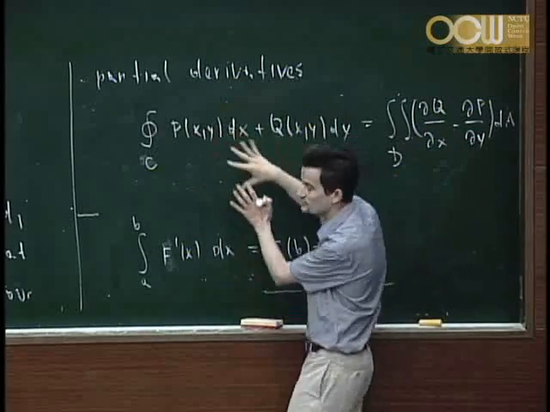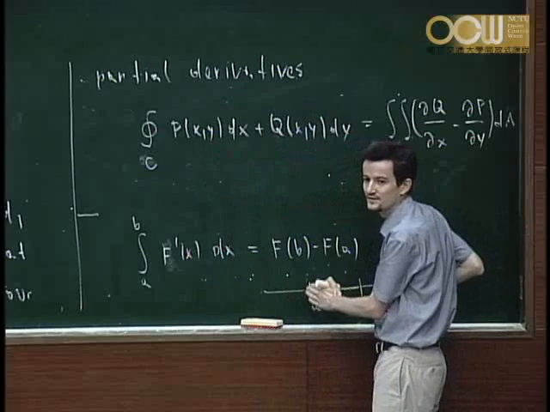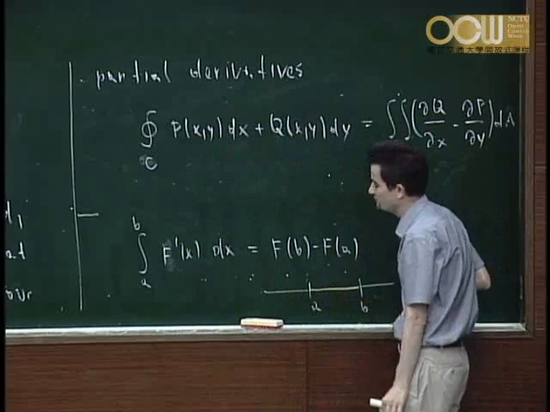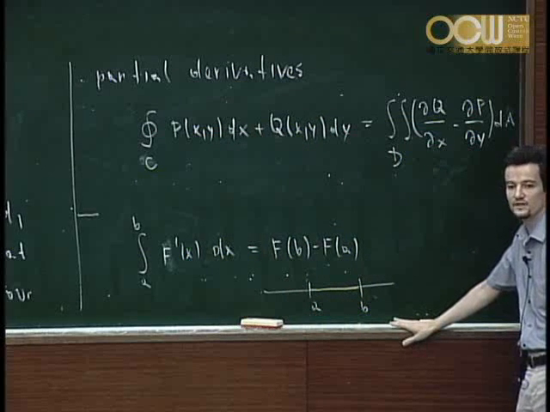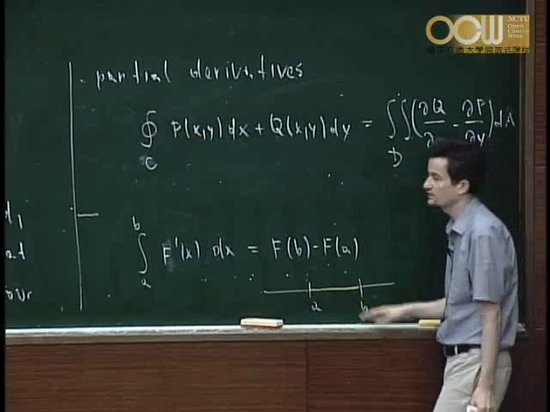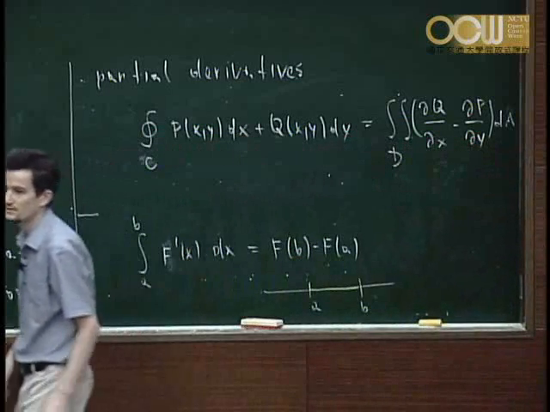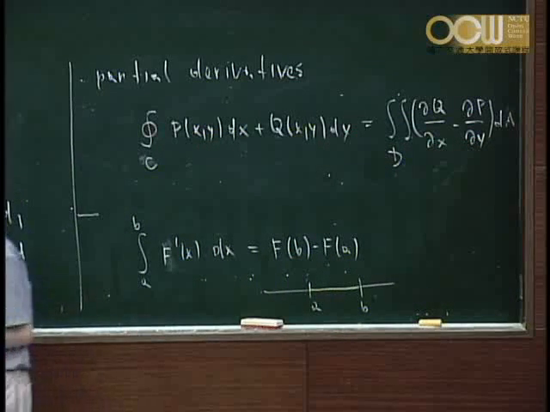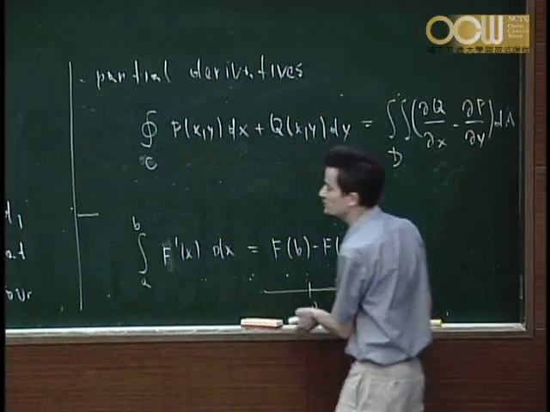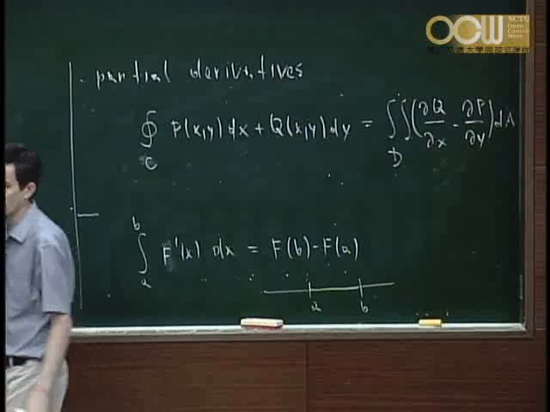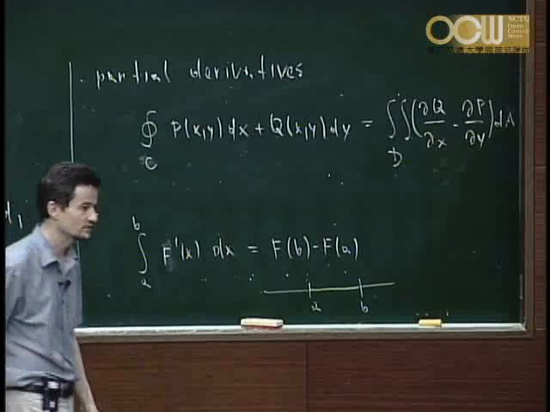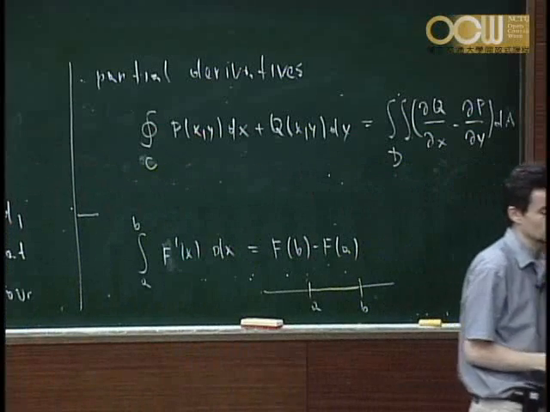Of course this is more complicated than the one-dimensional case. But if we ask ourselves whether there is a version of the fundamental theorem of calculus for double integrals, yes, there is one: this one. For this you have to introduce the line integral in order to express it. So from a mathematical point of view, the interesting thing is that this can be considered as one version of the fundamental theorem of calculus for double integrals.